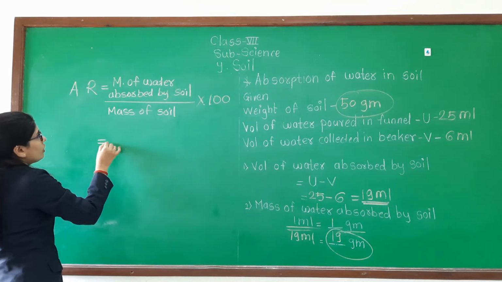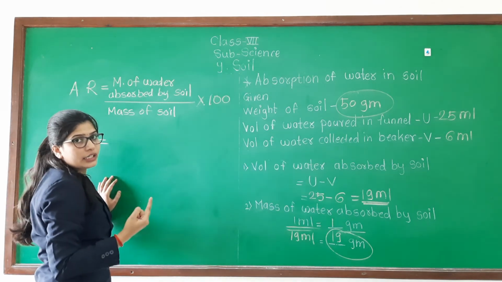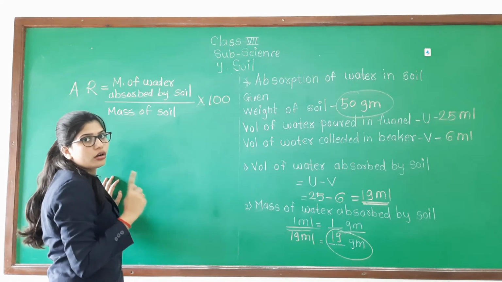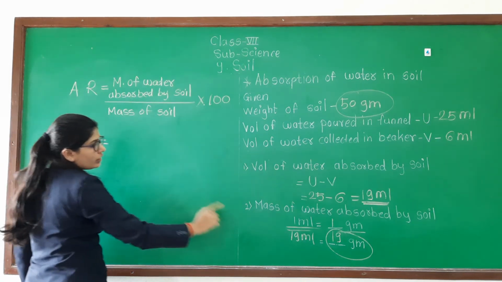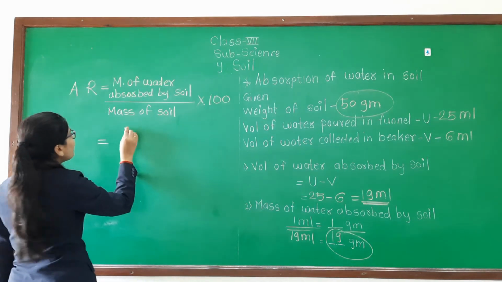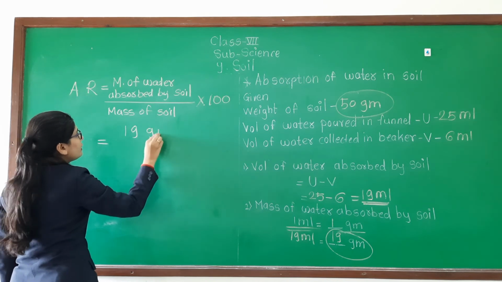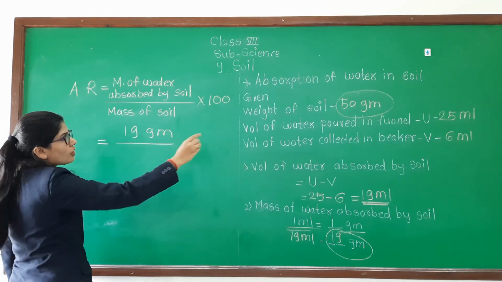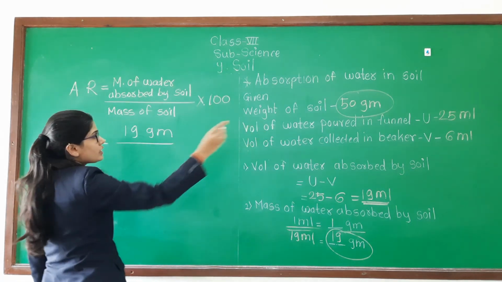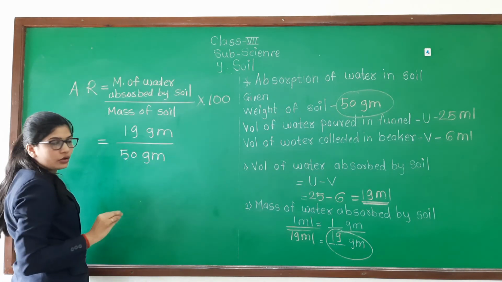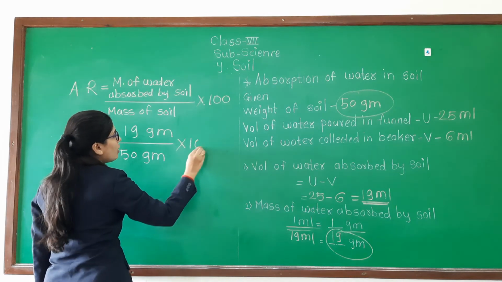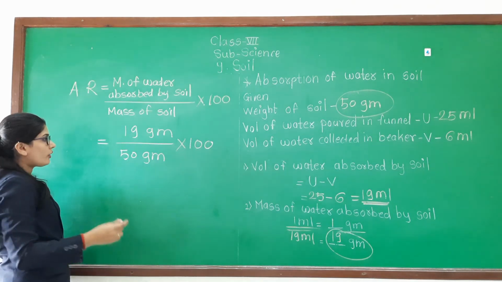We are calculating in percentage, the percentage of absorption rate. So mass of water absorbed by soil is 19 gram. Mass of soil we have taken is 50 gram. Into 100.